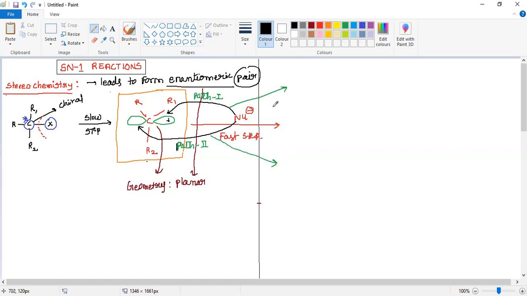సపోజ్ if it is followed path 1, then how can we write? C carbon, okay, R1, R and R2. Directly path 1 లోకి వెళ్తే it gives, I'm going to attach that this one is the leaving group.